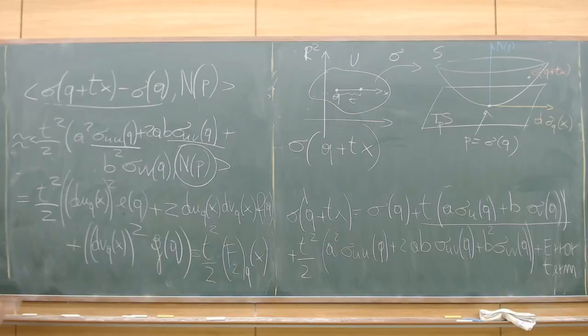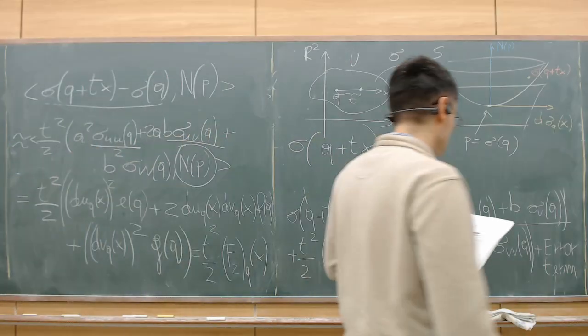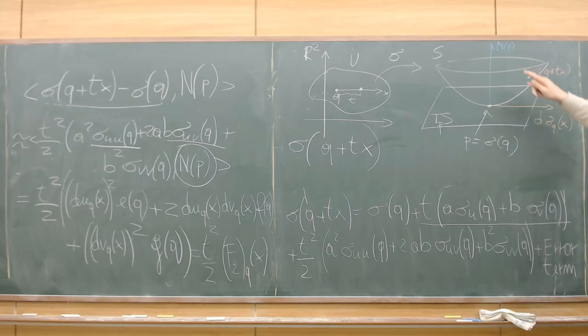Then this result says that the normal component of this vector, which is this height, is approximately equal to t squared over 2 F2 at Q evaluated at x.